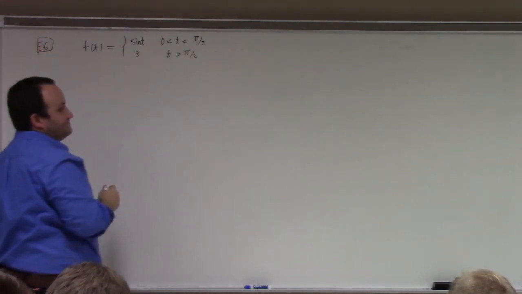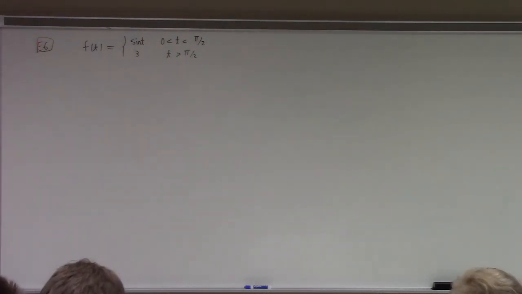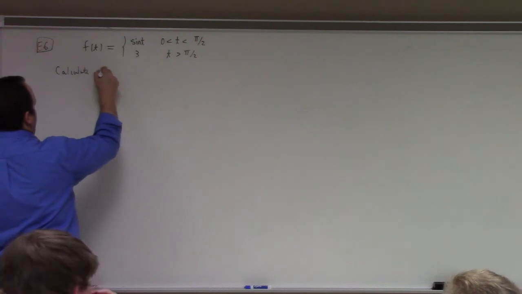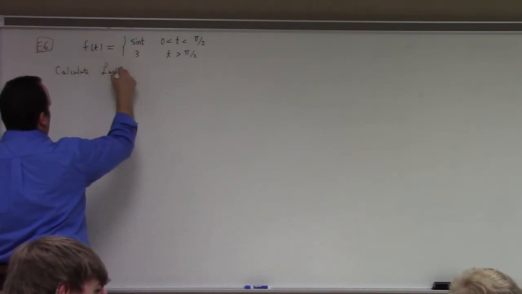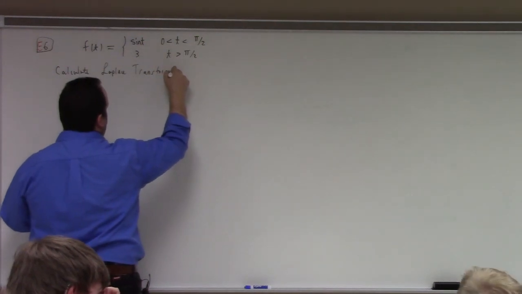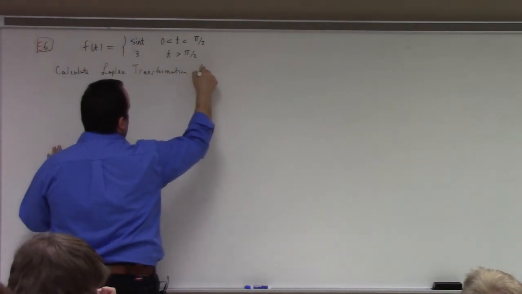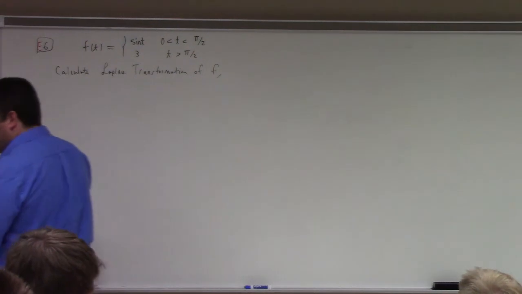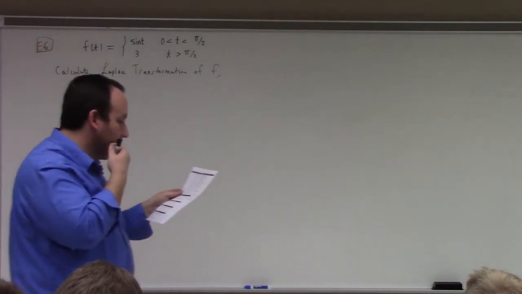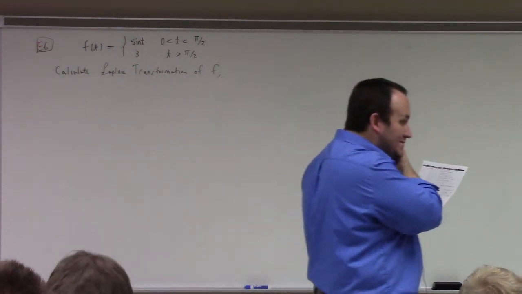Yes? I'm a little confused if I'm reading the sheet correctly. It seems like the formula they have is different than the one you have over here. For the top one, at the beginning they have t minus a.